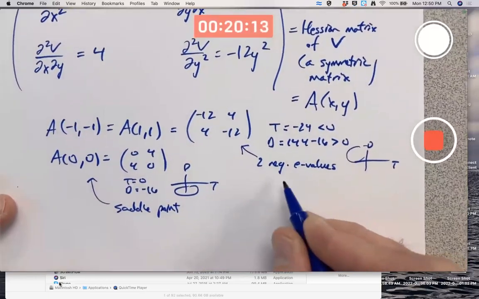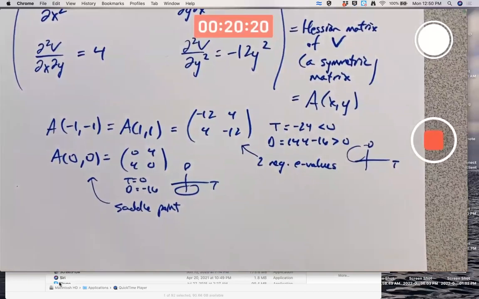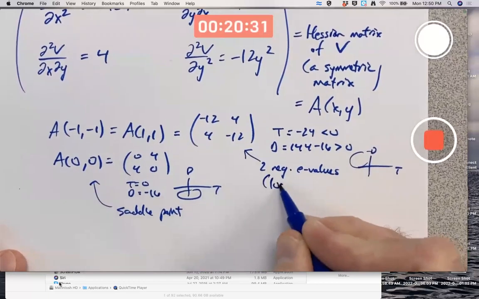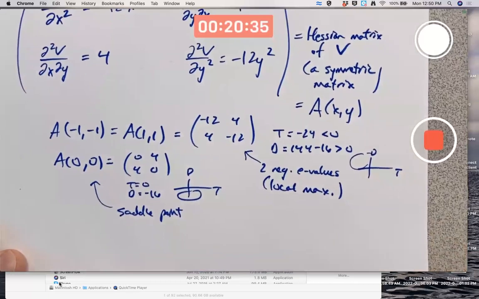What about having 2 negative eigenvalues here? That's analogous in the Calc 1 sense with the second derivative test to having a negative second derivative: concave down graph, local max. You have local maxes at these 2 points. That's the conclusion, at both of them.